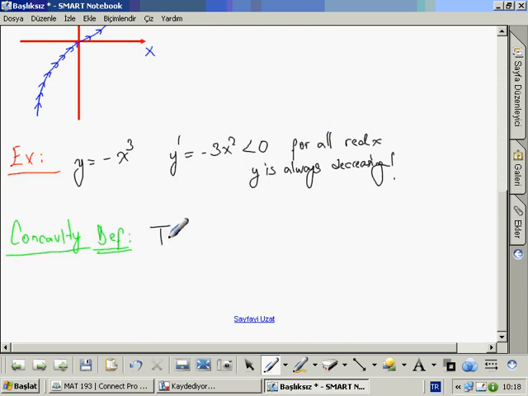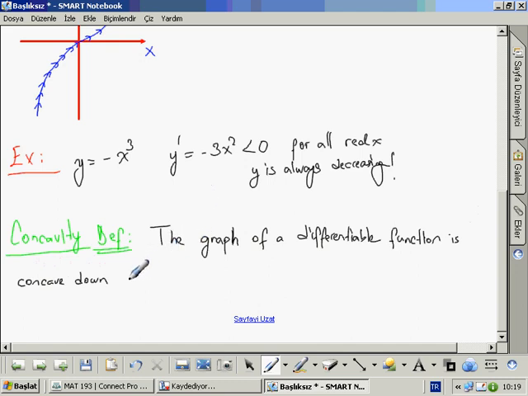Definition: the graph of a differentiable function is concave down on an interval where the slope y prime decreases.